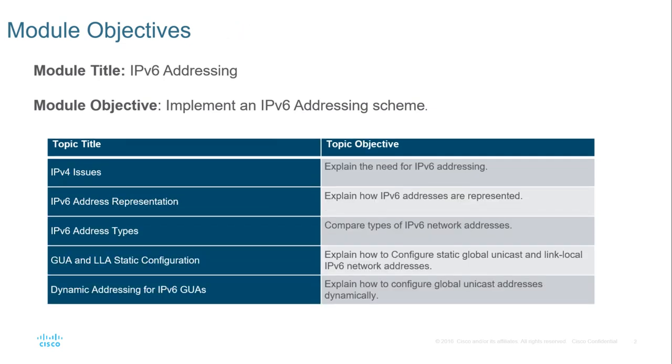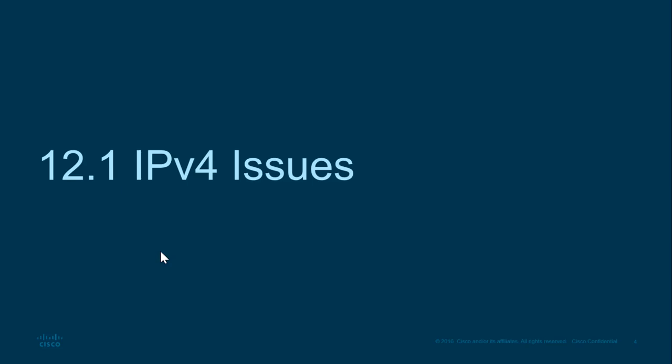So far we've covered IPv6 issues, then IPv6 address representation, and then we looked at IPv6 address types, and now we are left with the global unicast address and link local address static configuration, and then dynamic addressing for IPv6 global unicast address.